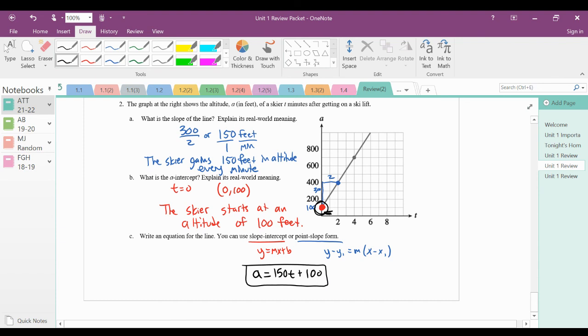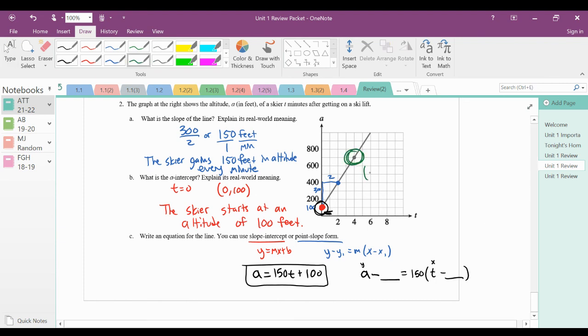Starts at 100, gains 150 feet every minute. Now point-slope form: instead of y, we'll do a minus something equals our slope, which we know is 150, times t minus something. And again, these could easily be replaced with y and x there. And now we just choose a point. It doesn't matter which one you choose as long as it's clearly on the graph.